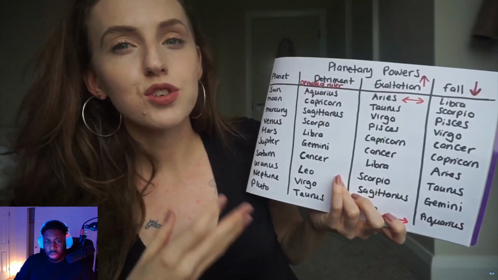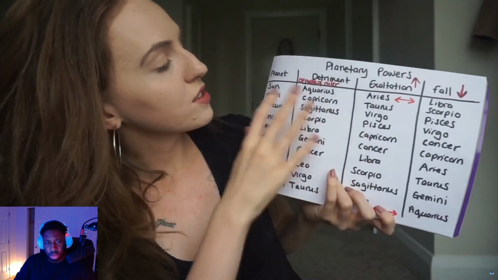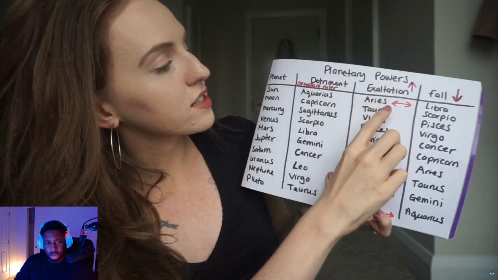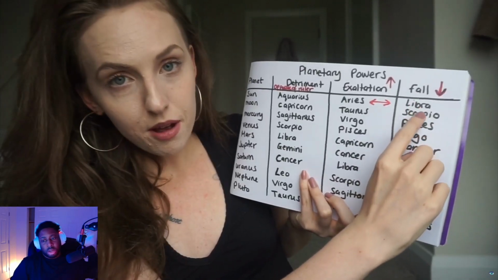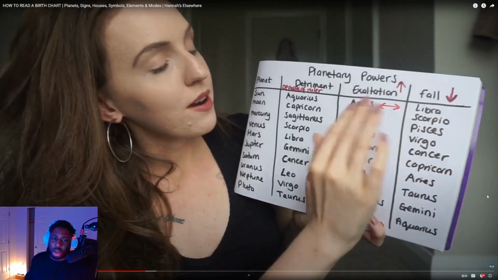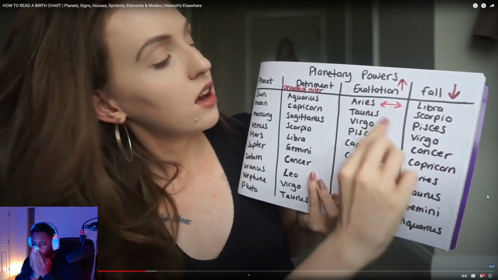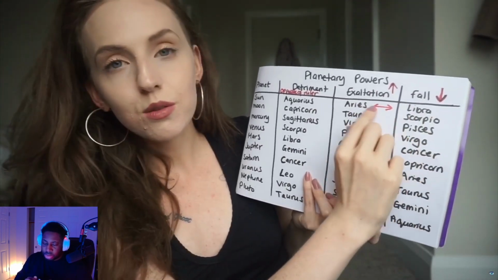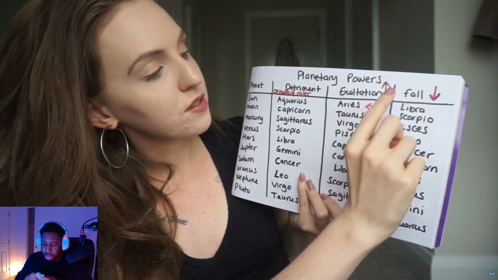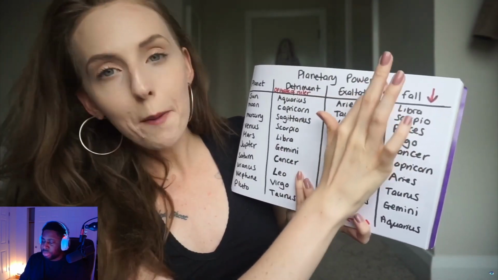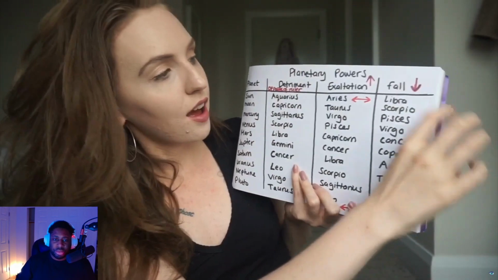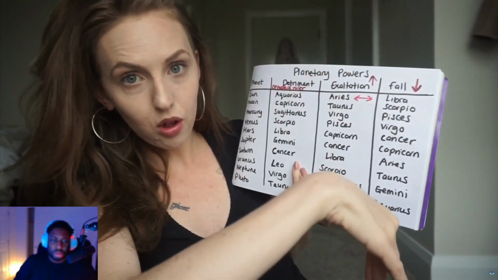And then when it comes to exaltation and fall, you'll see that the sun is exalted in the sign of Aries, but then it falls in the sign of Libra. Exaltation is like risen up, so like propagated basically. And the way that works is, again, opposites. That's why I put those little arrows in there. So the opposite of Aries is Libra, and then I put in an arrow going up to show exaltation, and then to show fall.